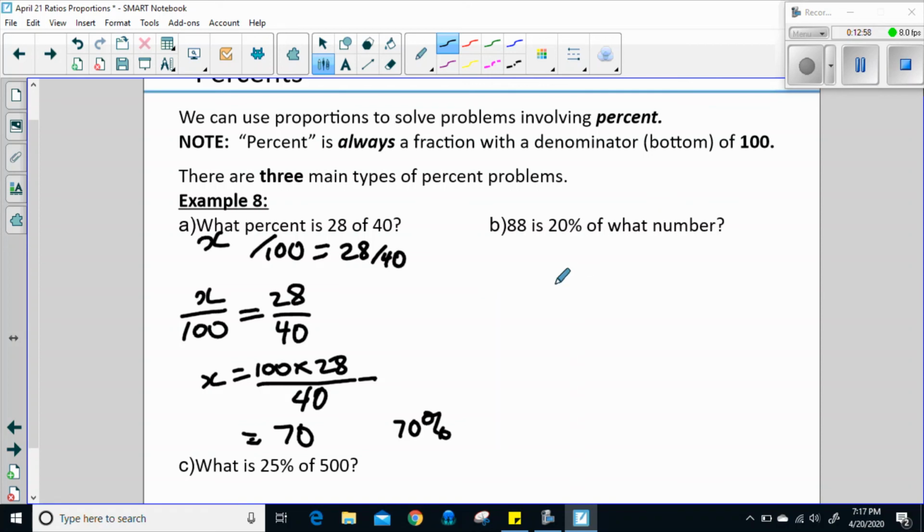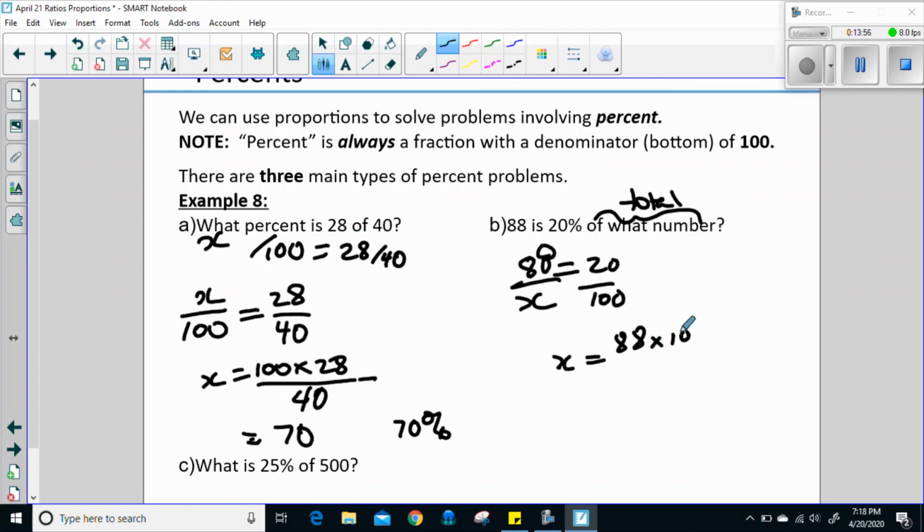All right. How about 88 is 20% of what number? Okay, let's look at B. So 88 is 20% of what number? So when I see those words, that means I'm looking for the total. So 88 out of what is 20%? Let's cross multiply here. So we get x is 88 times 100 divided by 20.